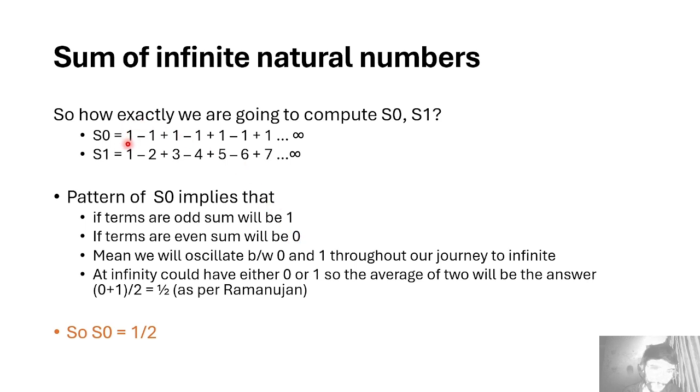For example, the sum of the first two terms will be 0, the sum of four terms will be 0. As you can see, they are already cancelling out.